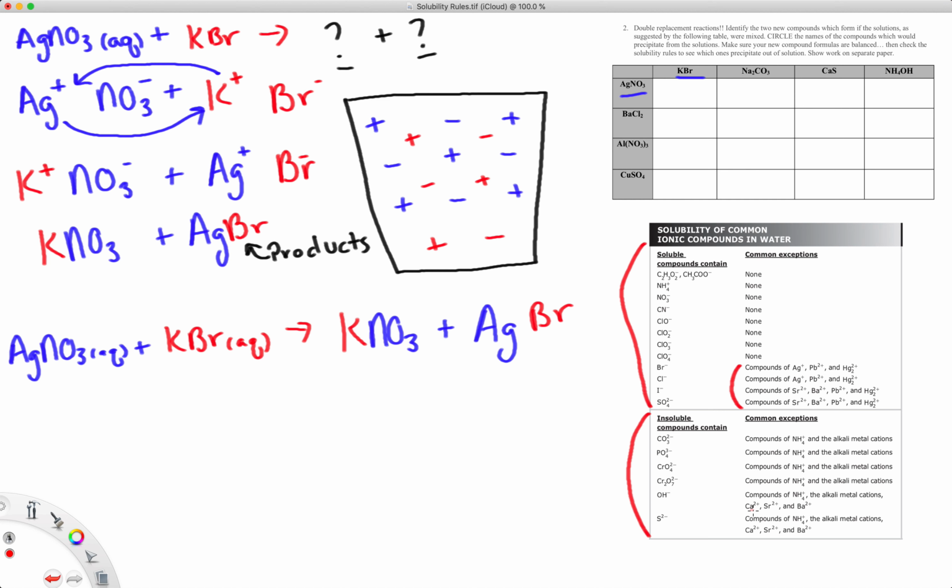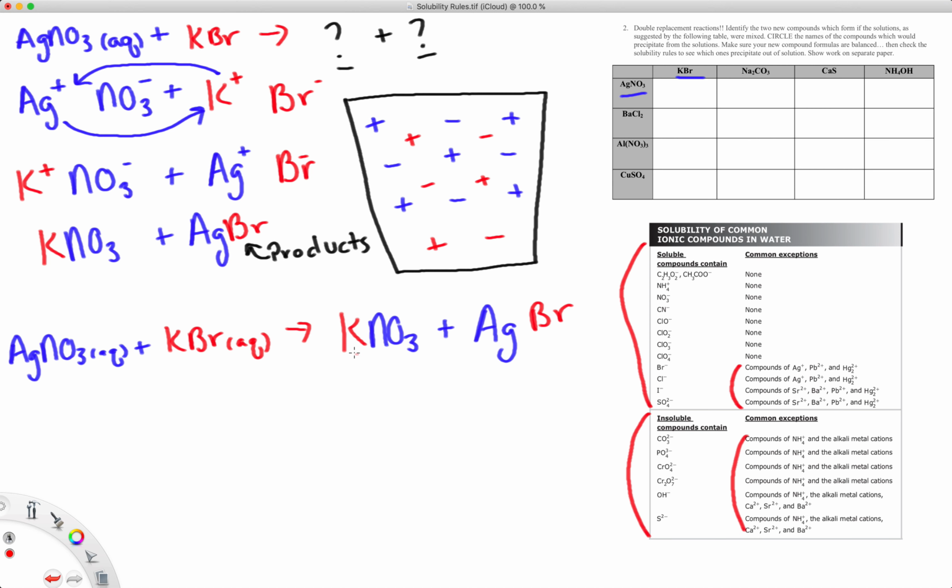And if you had calcium, strontium, or barium hydroxide, those would all be soluble in water because those are the exceptions for any compound containing hydroxide. So again, on the bottom, we always assume not soluble in water unless it meets one of these exceptions down here.